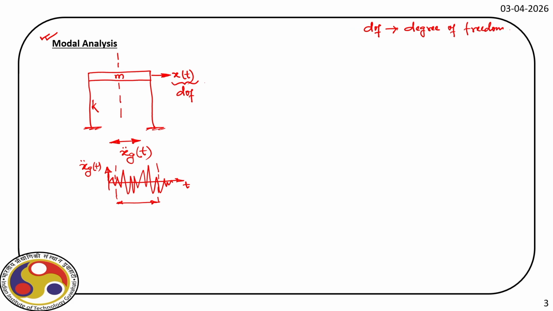What is the degree of freedom? It is the number of independent coordinates we need to define the deformed shape of the body. In this case 1 is enough, so this is called a single degree of freedom system, SDOF system.